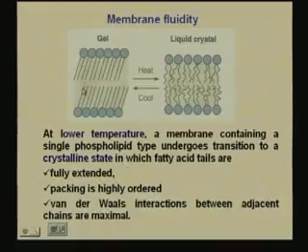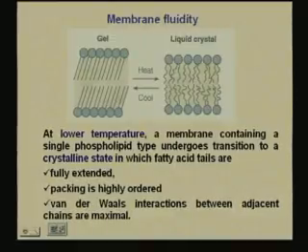So, this would be our crystalline state, where we would have the fatty acid tails perfectly ordered, perfectly packed, fully extended, and the maximum possible van der Waals interactions between the chains. Okay?